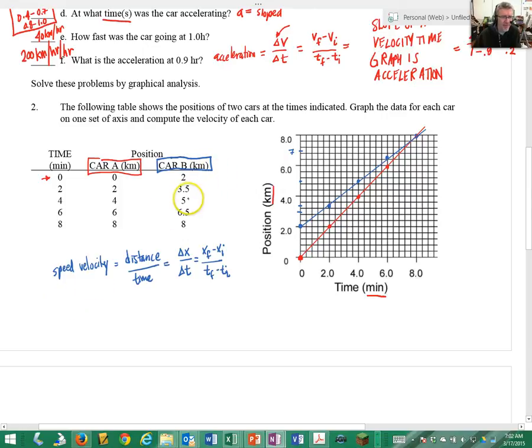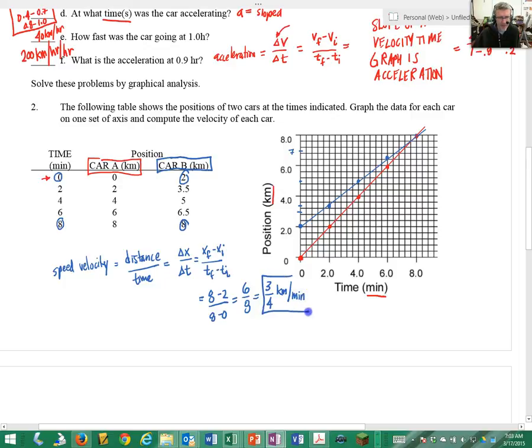I'm doing car B first, so let's do this position, 8, minus initial position 2, divided by the time, 8 minutes minus 0 minutes. You got me? So that's 6 divided by 8. So that's 3/4 of a kilometer per minute.